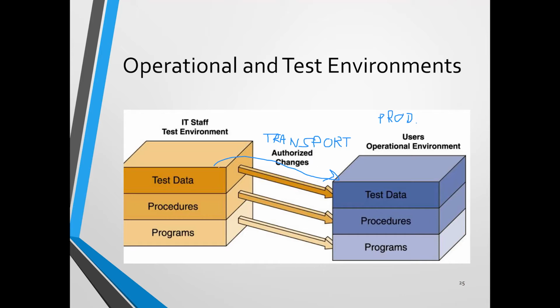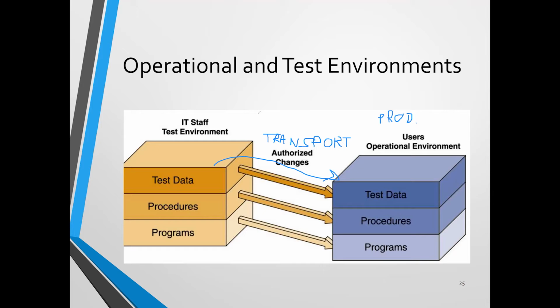From test environment to training, you may not need to transport, you can copy straight away because it doesn't need the real data. But for procedures and programs you may need the authorization first, then the transport anyway.